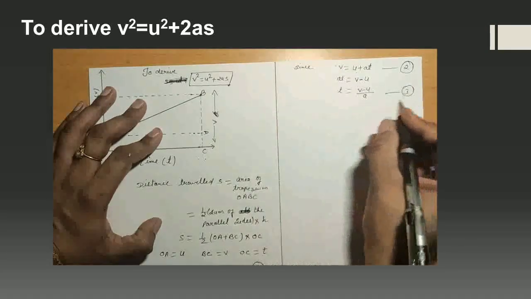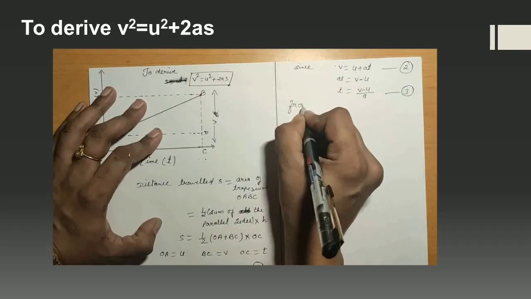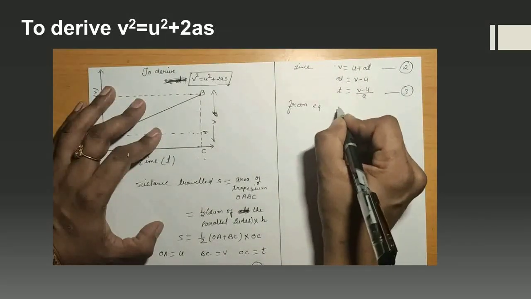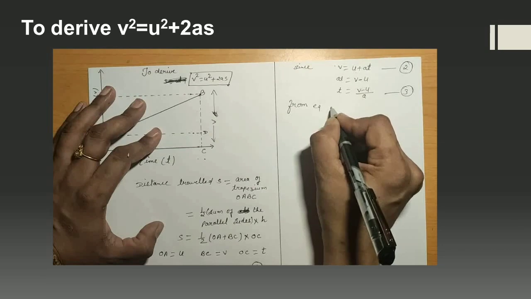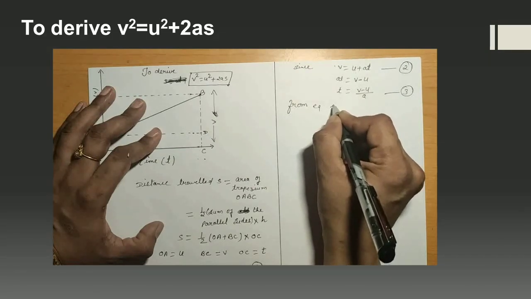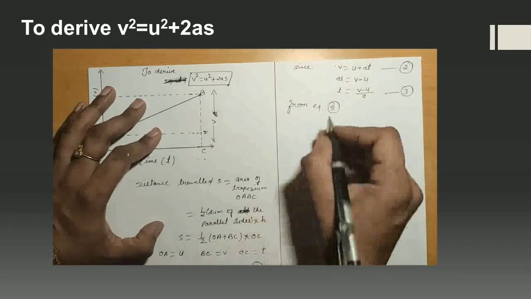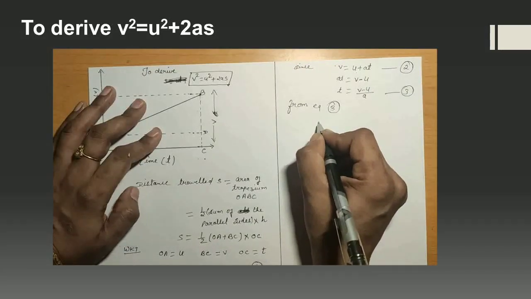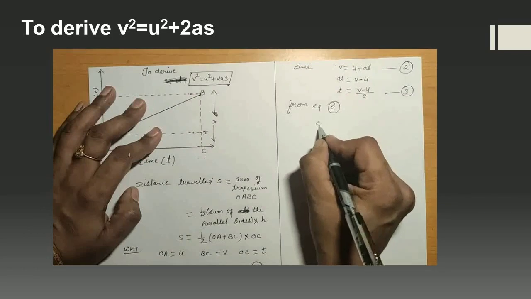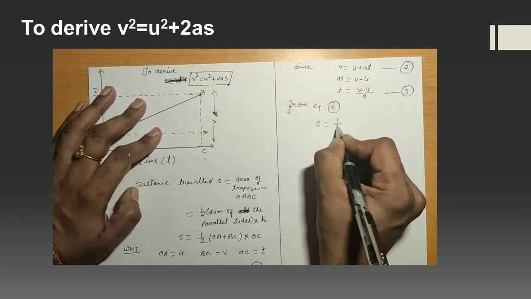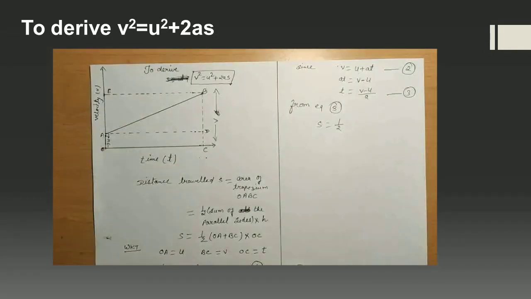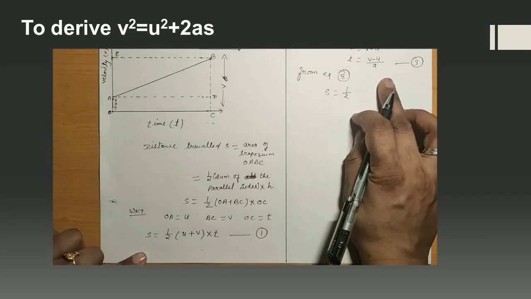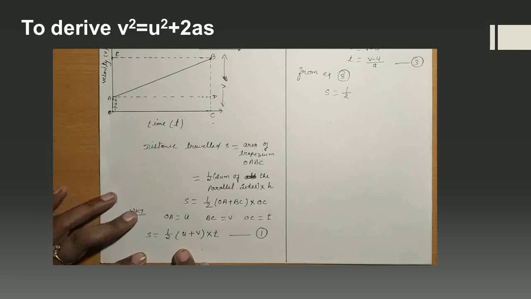So from the equation, what can we write? S is equal to 1 upon 2. This is the equation first. We will put the value of T from equation third in equation first.